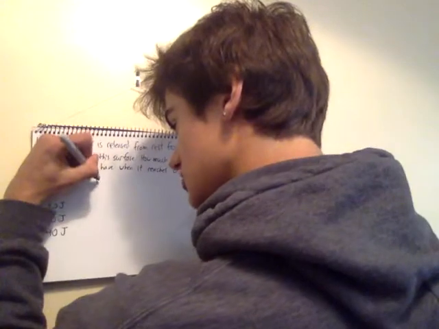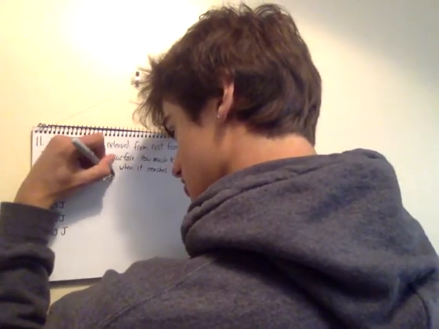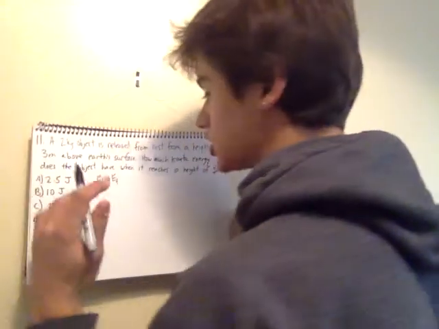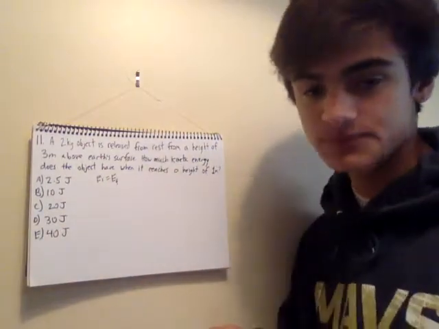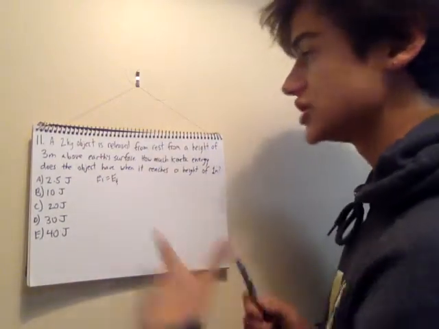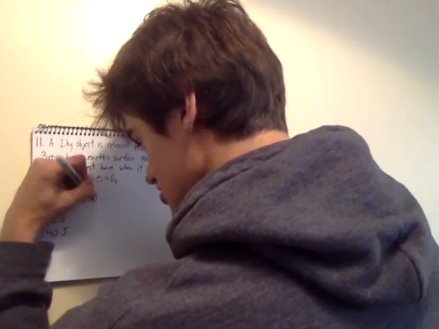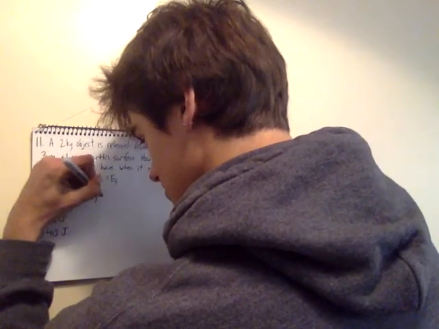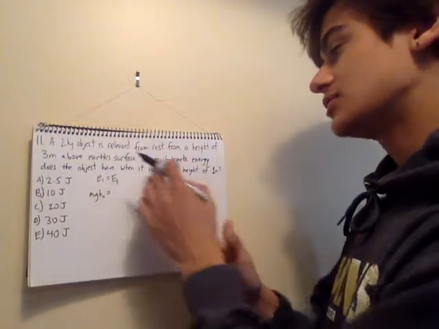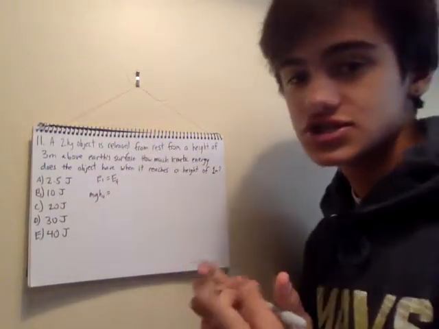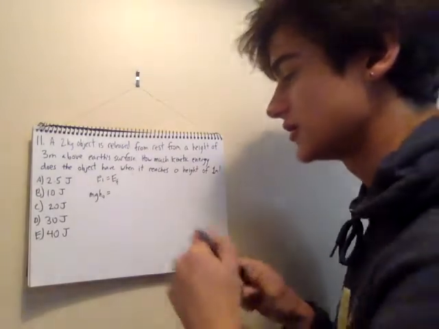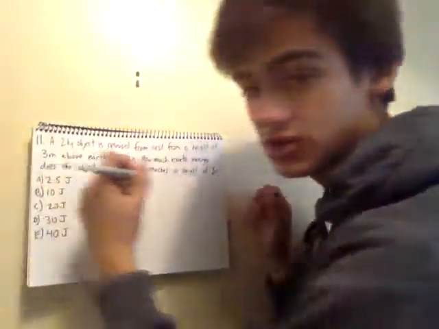So energy initial is equal to energy final in a closed system such as this one. Our energy initial is all gravitational potential energy, so we're going to go mass times gravity times height initial, and then how much kinetic. The second sentence is talking about the final conditions in this problem.